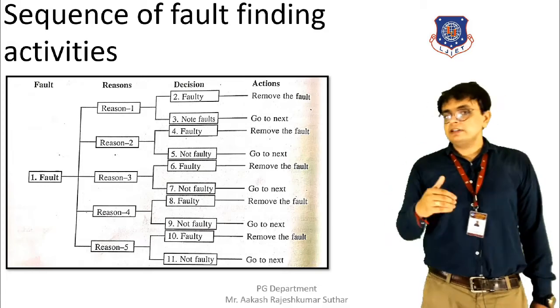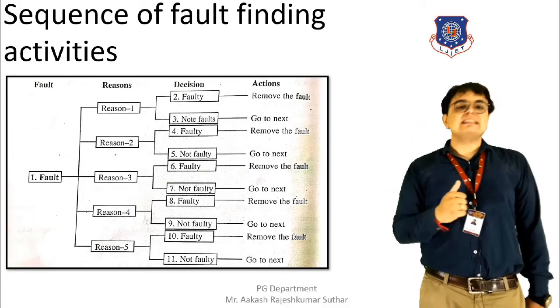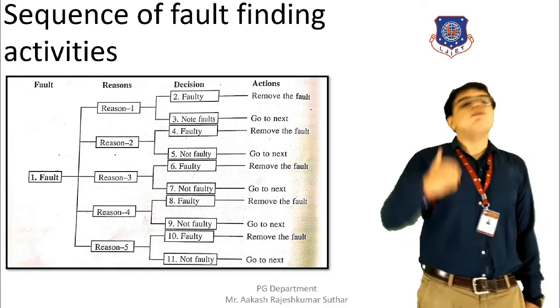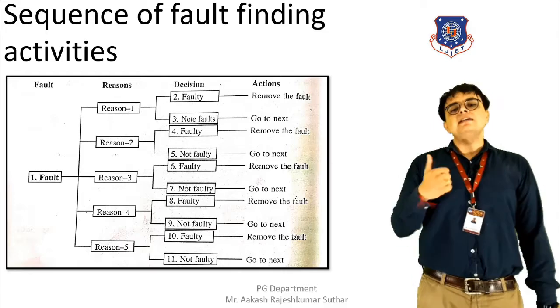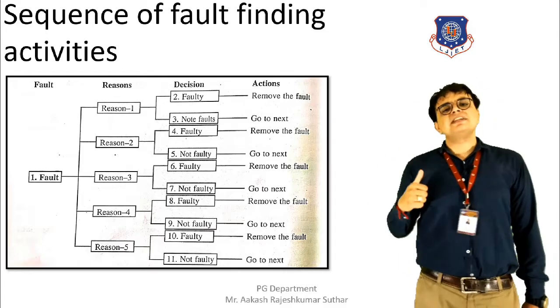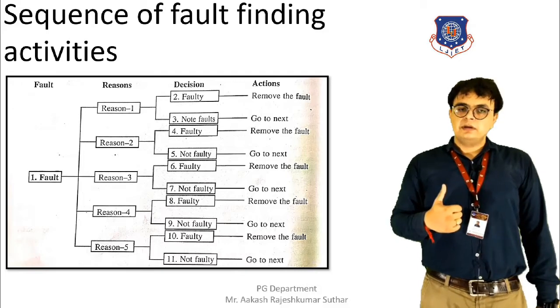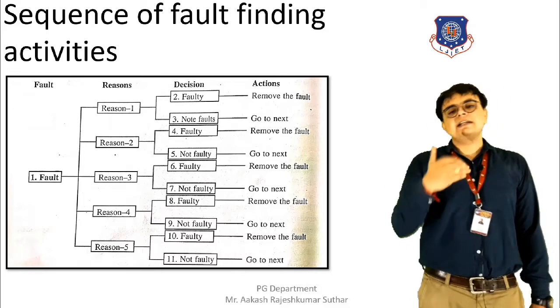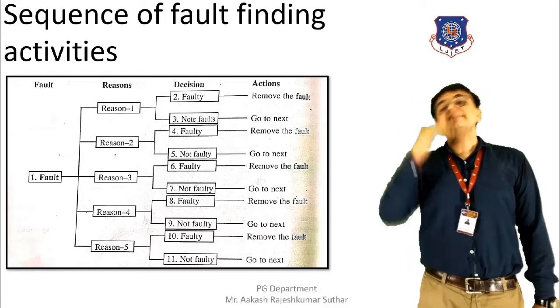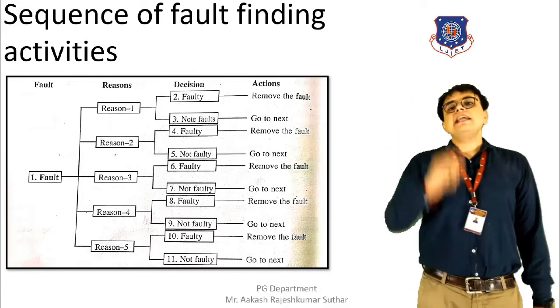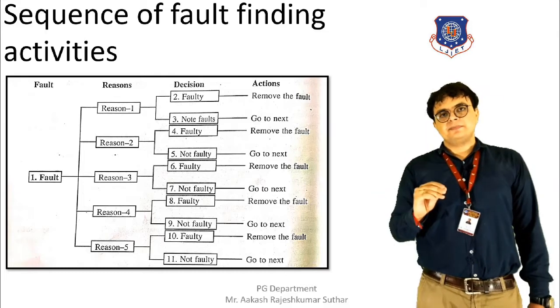For that fault we have found 5 genuine reasons: reason number 1, reason number 2, reason number 3, reason number 4 and reason number 5. Accordingly we need to take certain decisions, and based on the decisions we need to take the final actions.